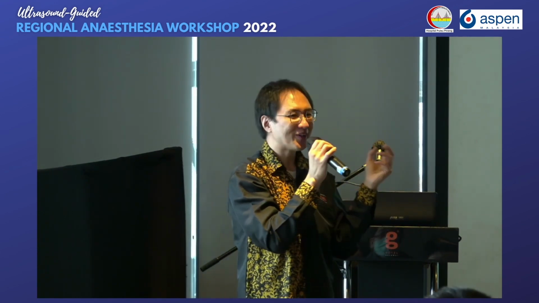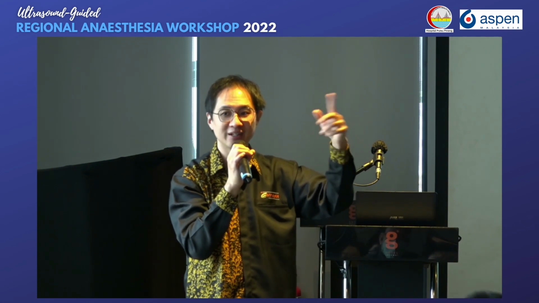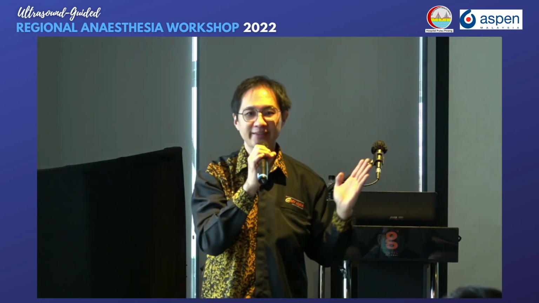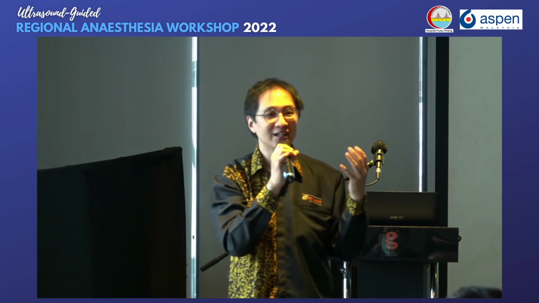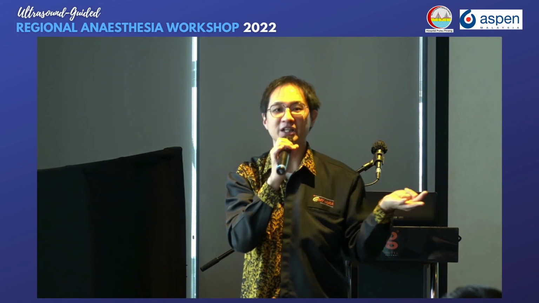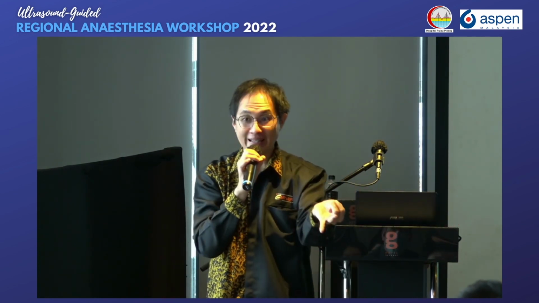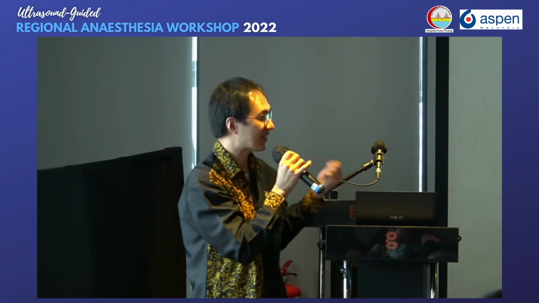So what we do is we try to puncture the epimysium that surrounds the nerve, and then you watch the spread. And also, you need to be guided by a nerve stimulator, injection pressure, and the patient themselves, whether they feel pain or not during injection. So, that's how we guide.